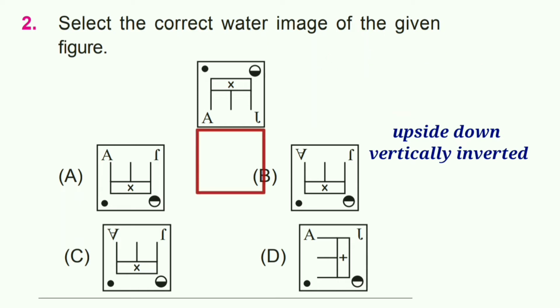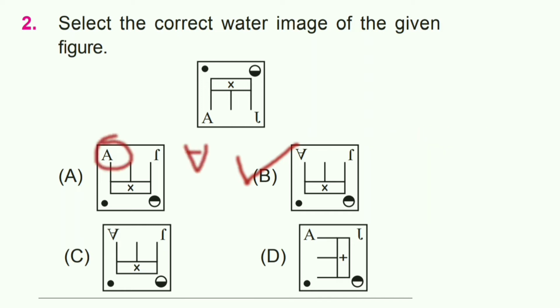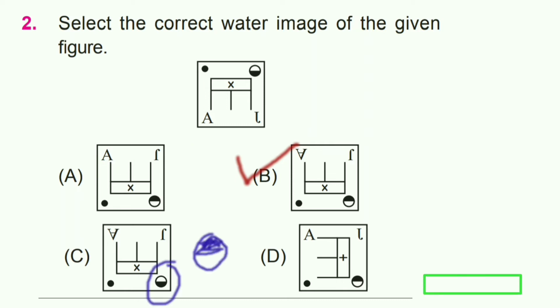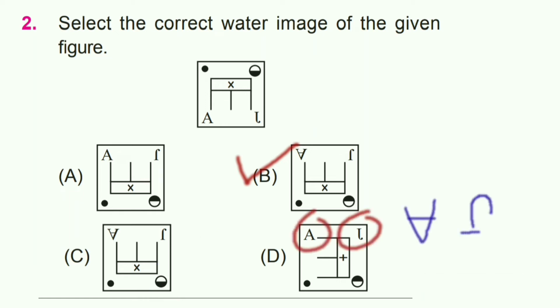Clearly image will form here. Option B is correct. In option A, letter A is not vertically inverted. In option C, this circle is not vertically inverted. It is same as the given figure. In option D, both the letters A and J are not vertically inverted.